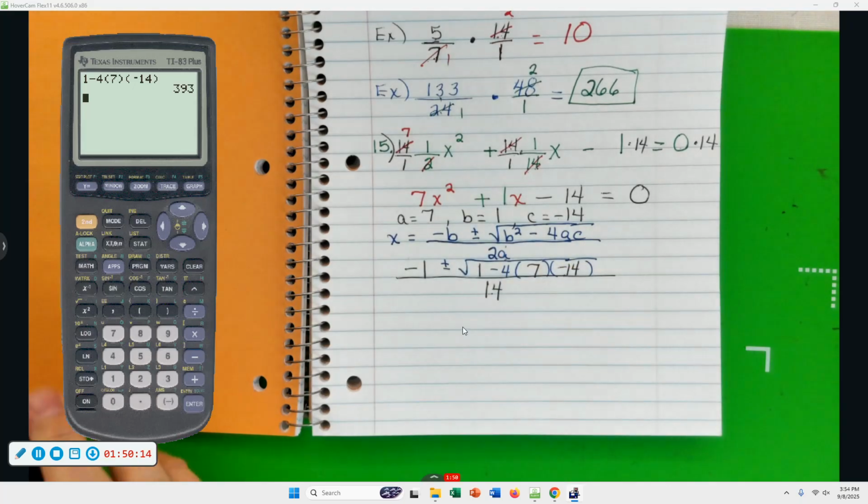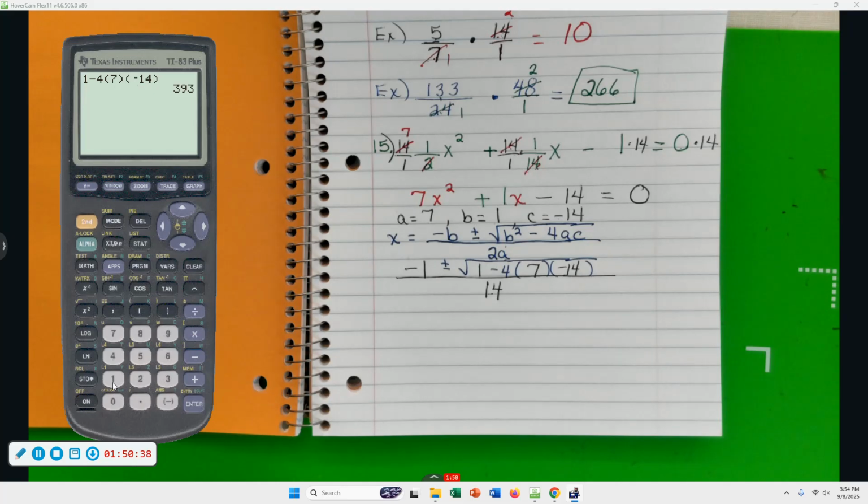And a word of warning, look at how I punched that in. 1 minus 4 times A times C. I had a student last semester that was concerned because she had a different calculator, not one like I'm using, and she said she couldn't use her calculator because she didn't know how to use the parentheses. You don't have to use parentheses.